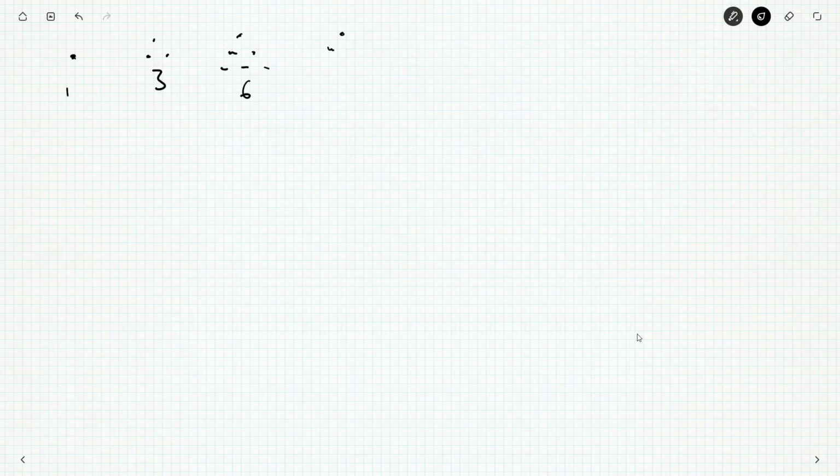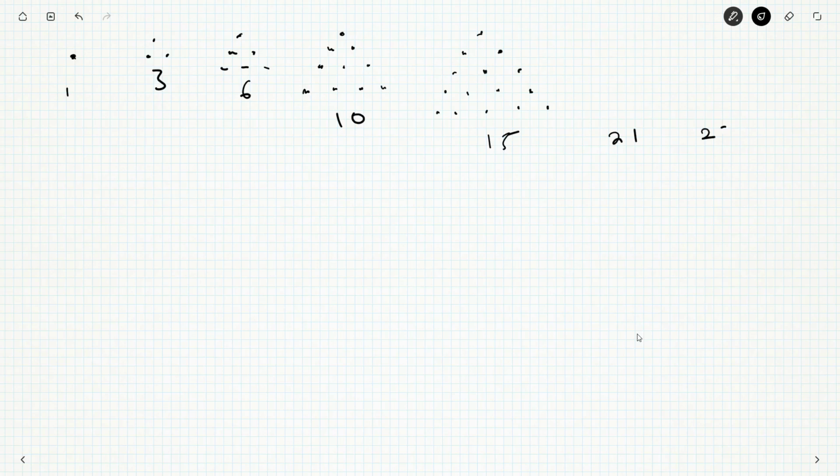They are natural numbers where, if I have that number of dots, they can be arranged in a triangle. The next one's 21, and then 28. They all have a nice little form. It's n times n plus 1 all over 2 is the nth triangular number.